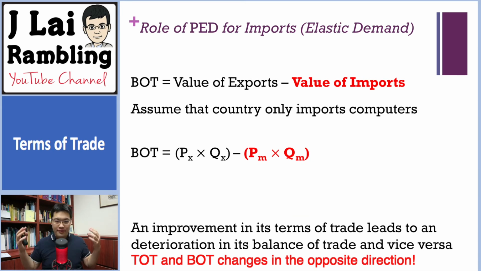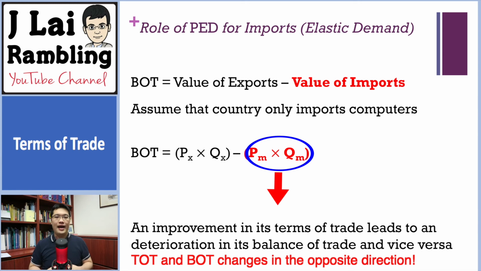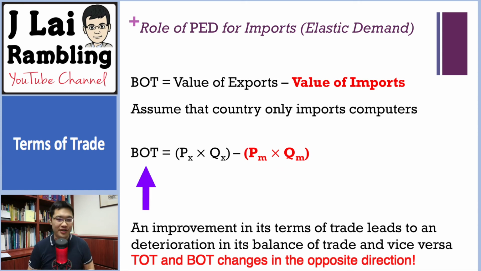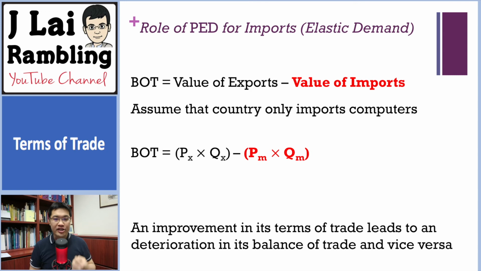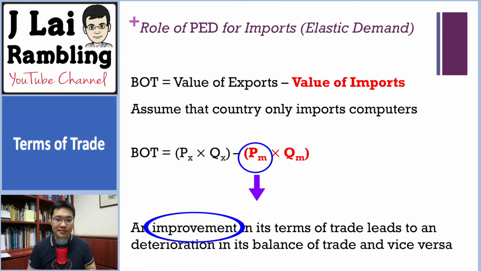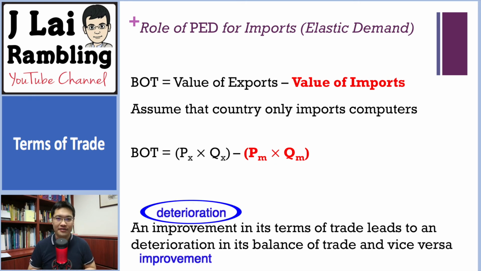And therefore, the value of imports would go down, and there's an improvement in the balance of trade, okay? A deterioration in the terms of trade will lead to an improvement in the balance of trade. When the price of imports decreases, that is an improvement in the terms of trade. When the price of imports increases, that is a deterioration in the terms of trade.